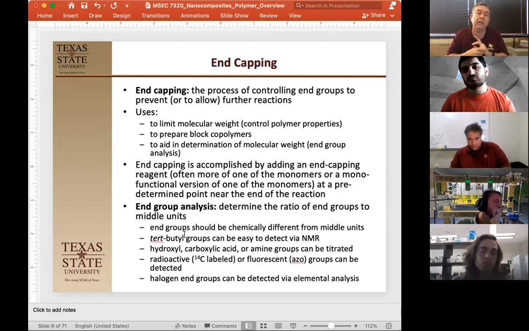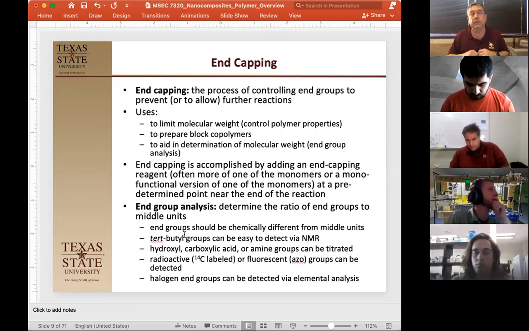Or if you have a group that can be fluorescent, fluorescence is actually very sensitive. You can put an azo group or some kind of fluorescent dye hooked to the end, and you can do that. Or the last one is, you add a halogen end group that you can detect by elemental analysis, which is the way I used to do it.